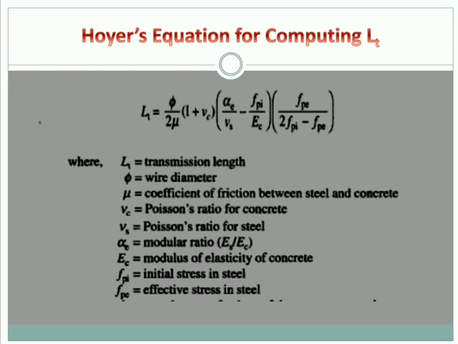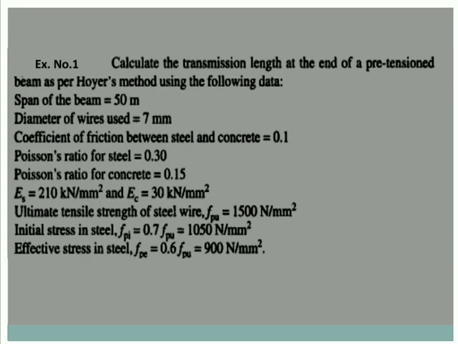Many parameters are considered, hence the previous formula was simpler. These two formulas will be required for the computation of the transmission length. Let's take one example on each of these formulas.